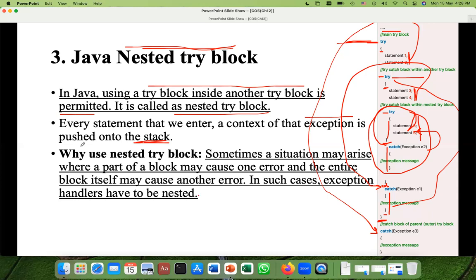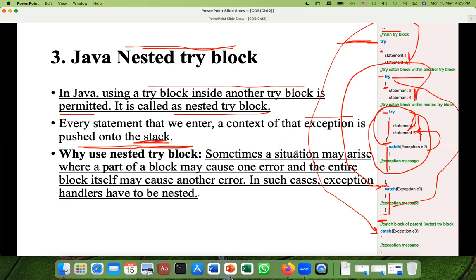And now the question is why we use nested try blocks. Why do we use nested try blocks? As from here, we don't know in which portion the exception will occur, either in the first try block, the second try block, or the third try block.